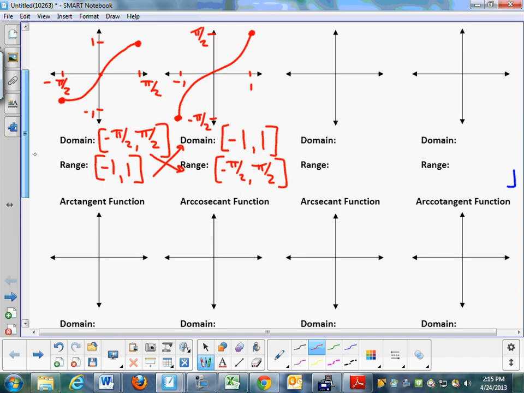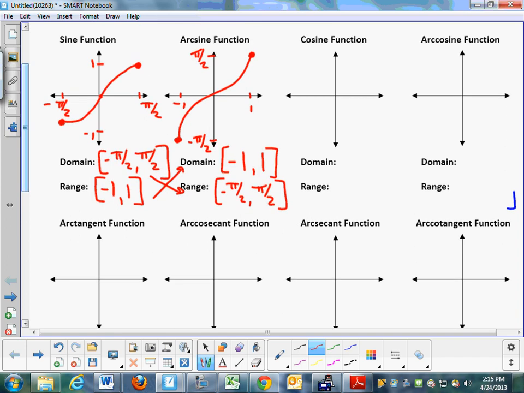This is arc sine. Somebody give me a value between negative 1 and 1. Any value. I don't care. 0? Okay. Can you do sine inverse of 0? Can you type that in your calculator and get a response? Yep, it's 0. How about sine inverse of 0.2?